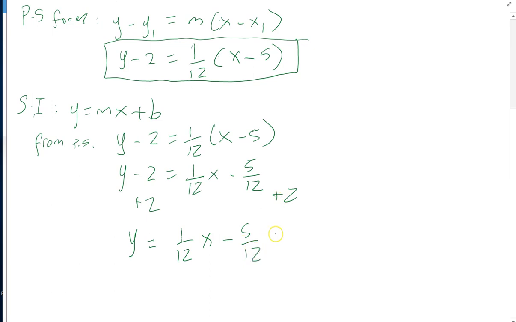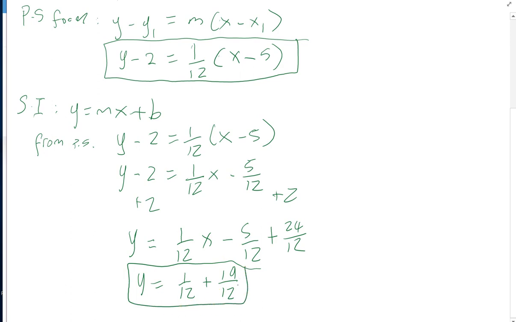And this 2 we can write in terms of twelfths, so make that 24 over 12. So finally, y is equal to 1/12 x plus 19 over 12. And that is your answer in slope-intercept form.